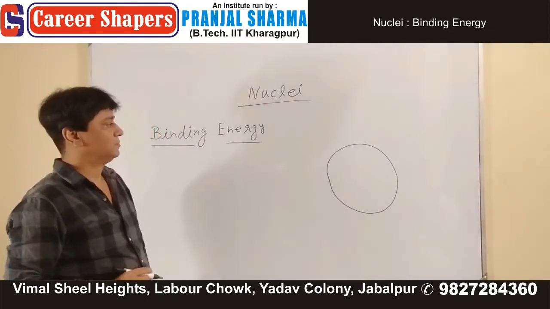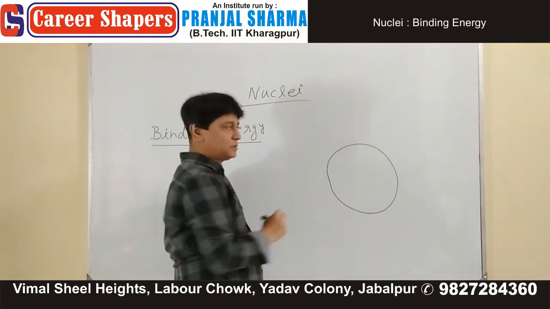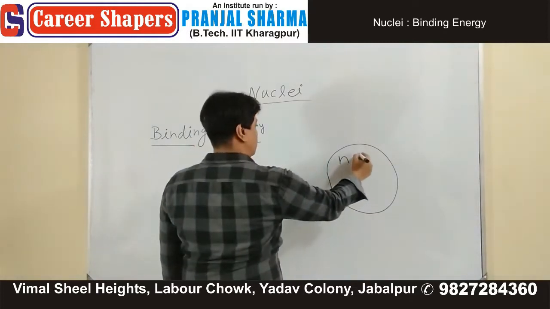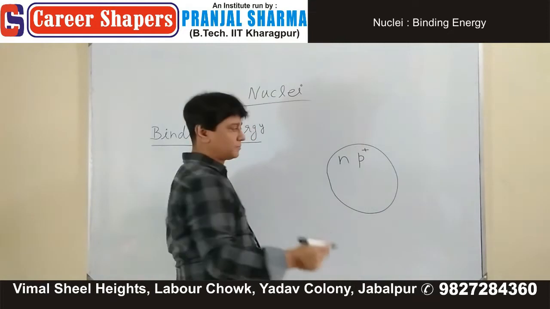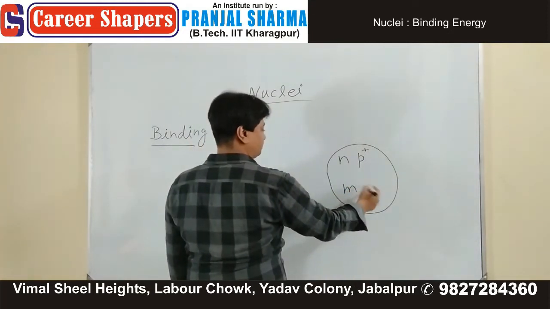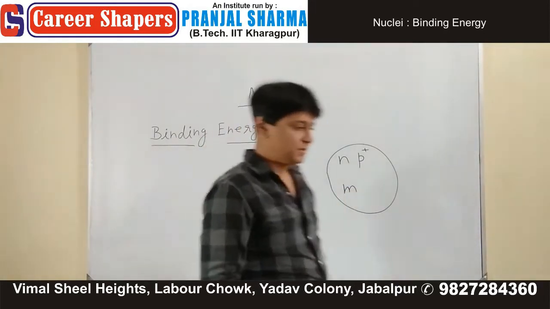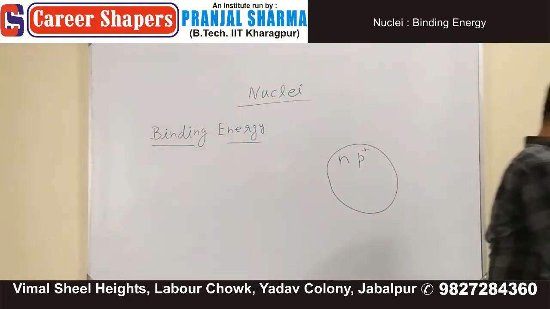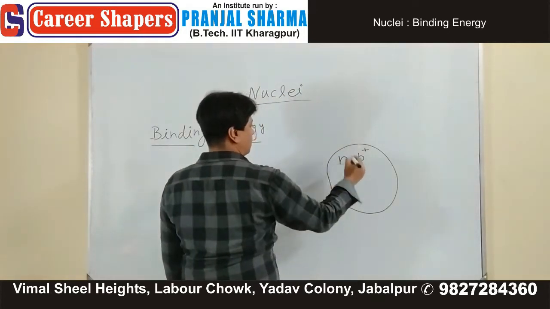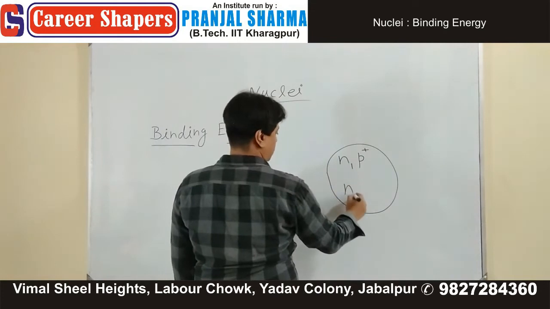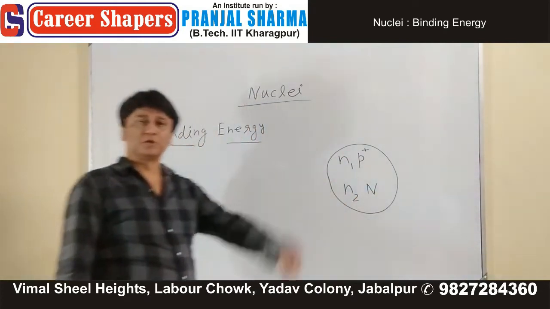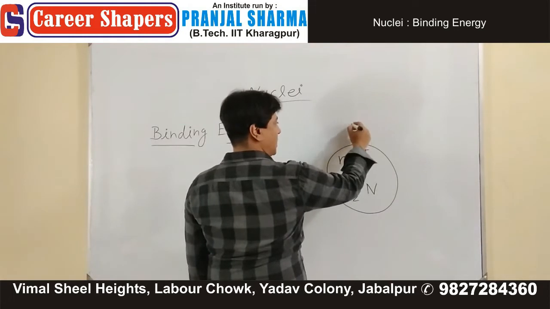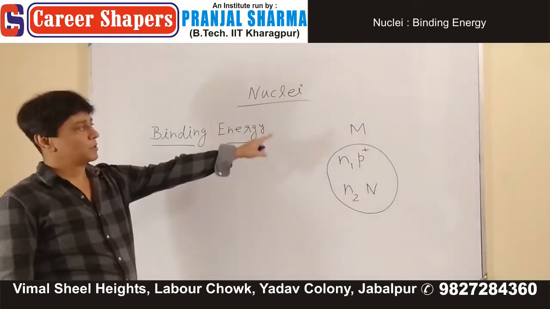This is a nucleus, and in this nucleus, let's choose N1 protons are present and N2 neutrons are present, and mass of the nucleus is M. What is M?